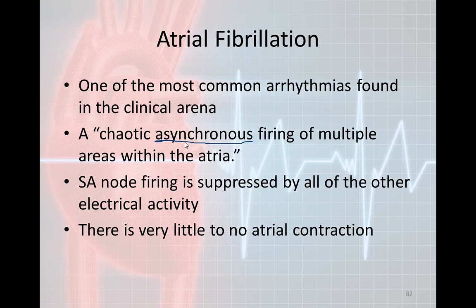Most of the time what happens is the SA node is actually suppressed because of all of this electrical activity that is occurring in the atria. The SA node cannot take over as the primary pacemaker of the heart. Because of this fibrillation of the atria, there is very little to no atrial contraction, and this is a problem because if you remember, atrial contraction accounts for 20 to 30% of ventricular filling.